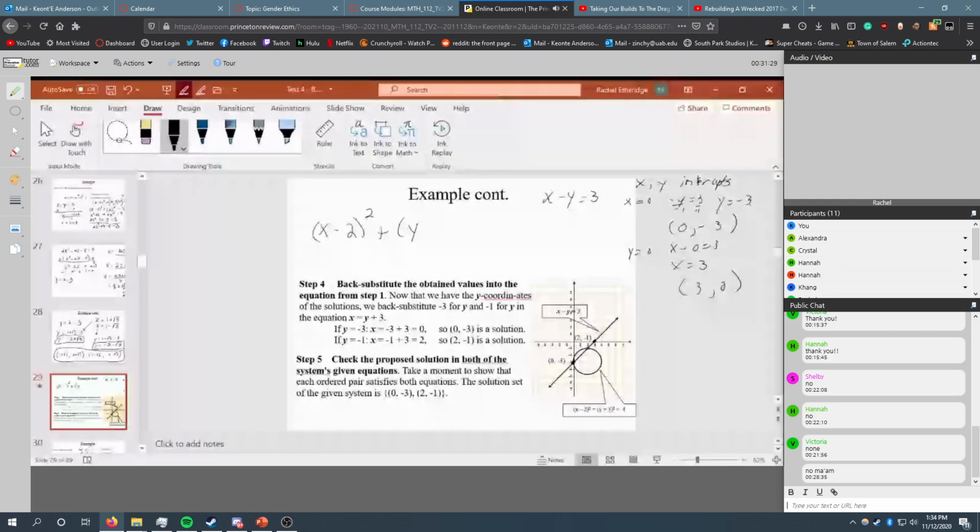So the center of this circle is 2, negative 3. Remember, we changed those signs. And r squared is 4. So r is the square root of 4, which is 2. So I go to 2, negative 3. And then I count out a radius of 2, up, down, right, and left, and get those points and draw my circle around those points.